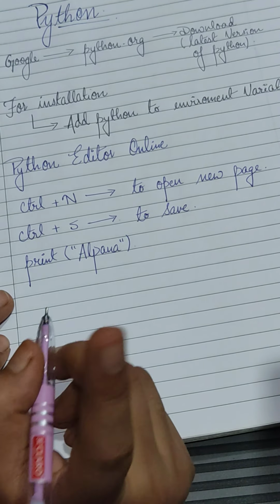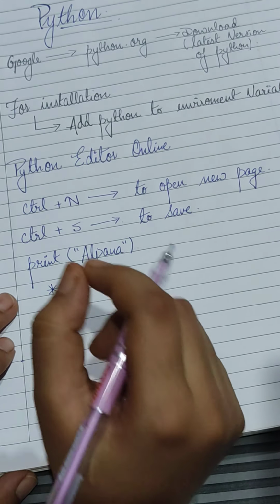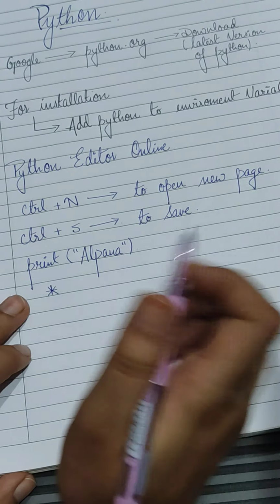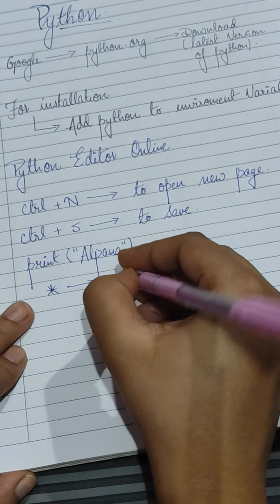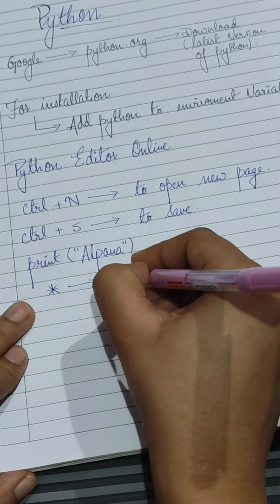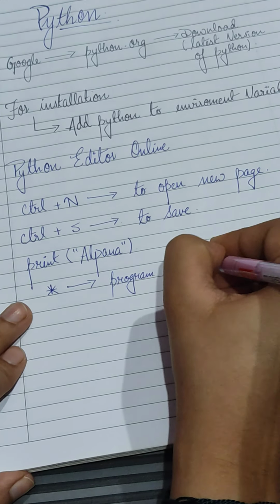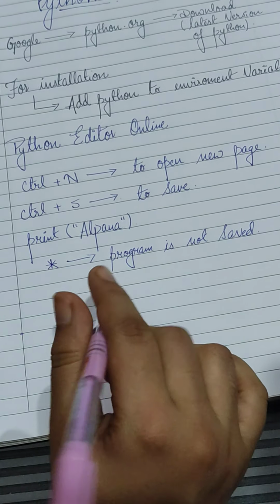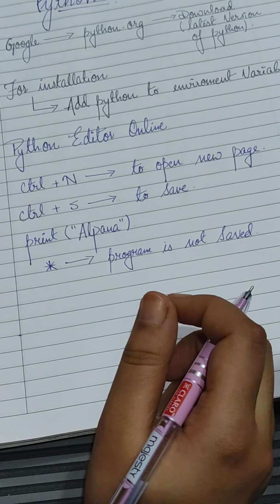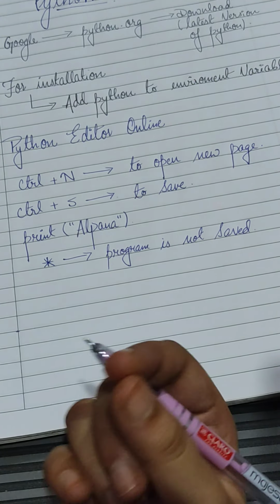One more basic concept: if you see a star mark on your file or page, that means your program is not saved. For execution, we have to use the function button plus F5, or Run Module.